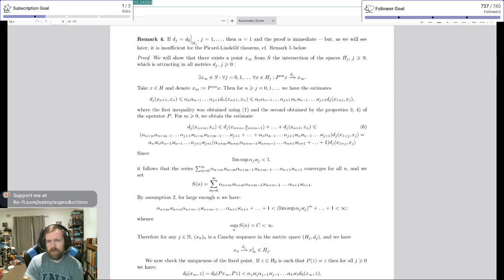Insufficient for Picard-Lindelöf theorem. Shall there exist point x sub infinity from S, the intersection of the spaces h sub j, j greater than or equal to 0, which is attracting in all metrics.